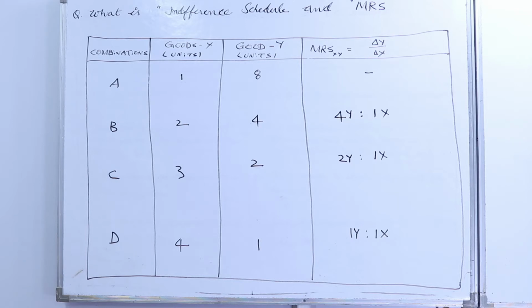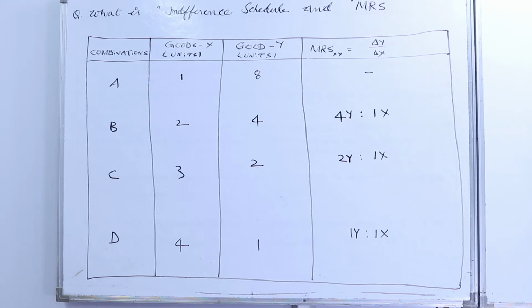In combination C, you further increased good X by 1 more, from 2 to 3. Because you are constrained by your income, you have to decrease good Y. When you go from C to D, you increased 1 more unit of good X and decreased 1 more unit of good Y. So what do we conclude from here? A, B, C, D are combinations.